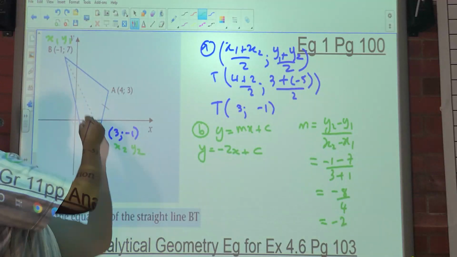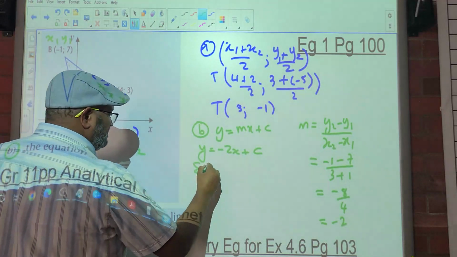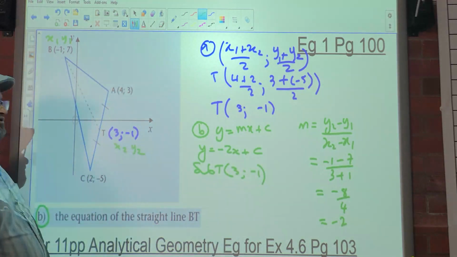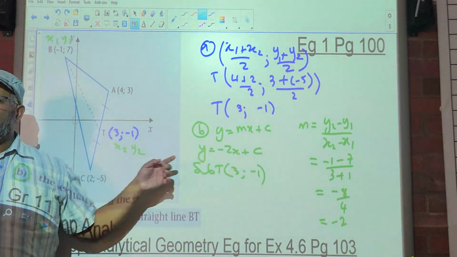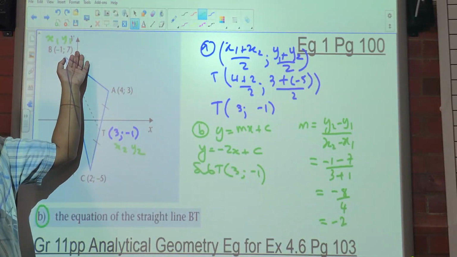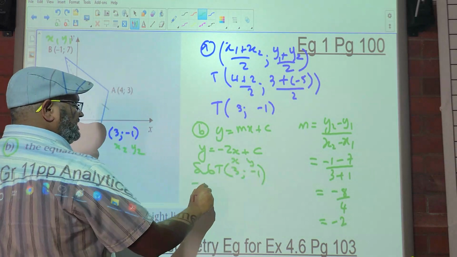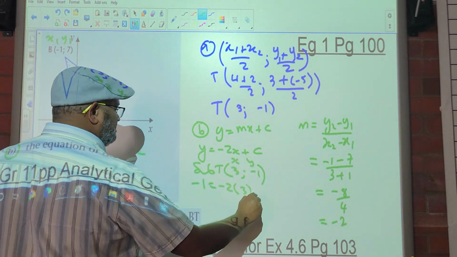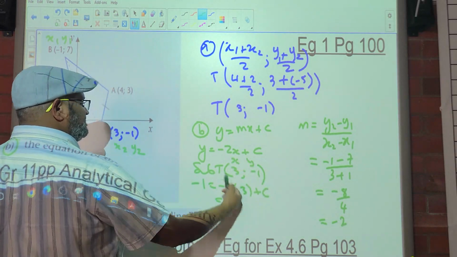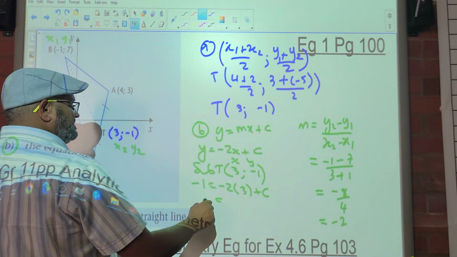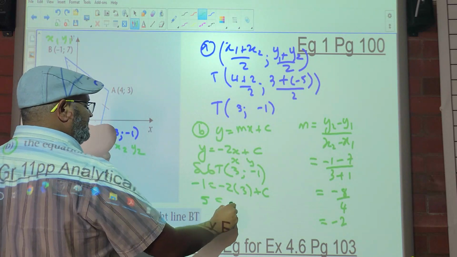How do we calculate c? We either substitute B or T. We'll substitute T, which is (3, -1). If your gradient is correct, then B should give you the same answer. Remembering that's an x and a y, so -1 is equal to -2 times 3 plus c. It's -6, you bring it over, so c is 5.